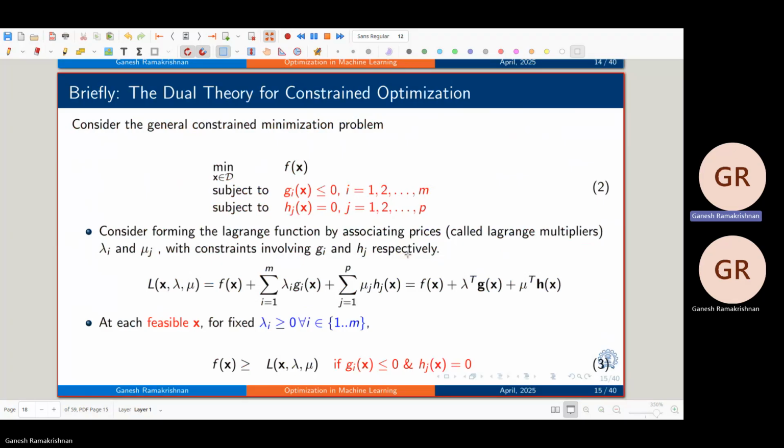It will always be negative. Lambda_i g_i will always be negative. Mu_j h_j will always be 0. So for primal and dual feasible x and lambda, L(x, lambda, mu) will be less than or equal to f(x), because you're just adding negative or 0 terms. So under those conditions, f(x) is greater than or equal to L(x, lambda, mu).